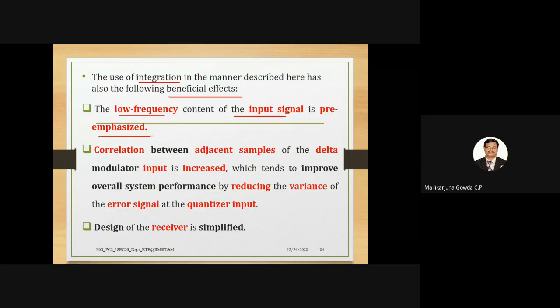Is it so? How, sir? No, that's what I'm asking. Can I say an integrator is a high pass filter or a low pass filter? It is basically a low pass filter.